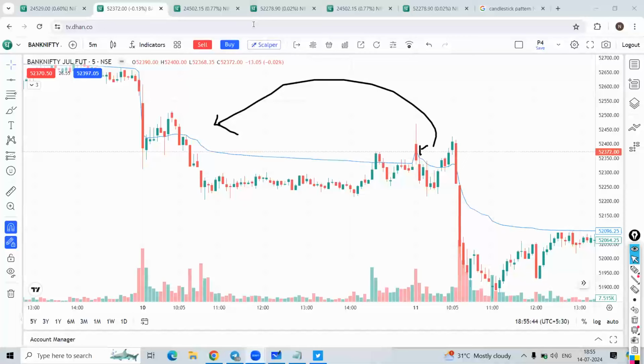How many traders, even once in your trading, have predicted, okay, sir, price is forming this candle pattern, X candle pattern, Y candle pattern. 15 days back, price was forming this pattern and the market went up. 25 days back, price was forming this pattern and then reversed.